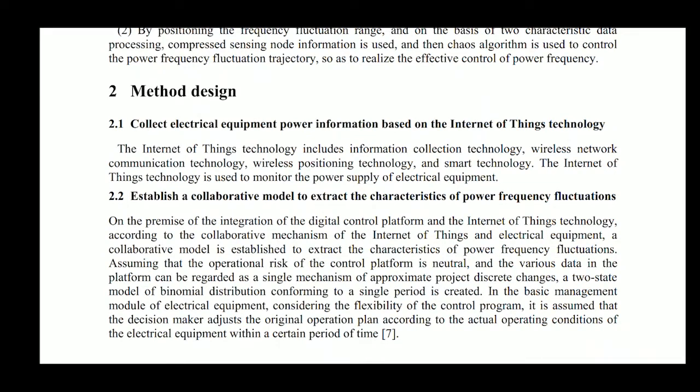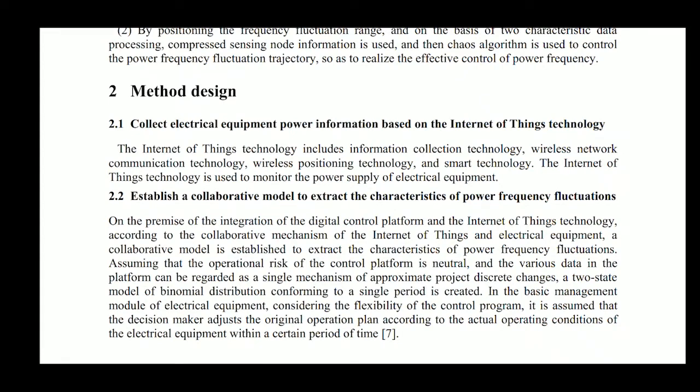collaborative model to extract the characteristics of power frequency fluctuations on the premise of the integration of the digital control platform and the Internet of Things technology, according to the collaborative mechanism of the Internet of Things and electrical equipment.